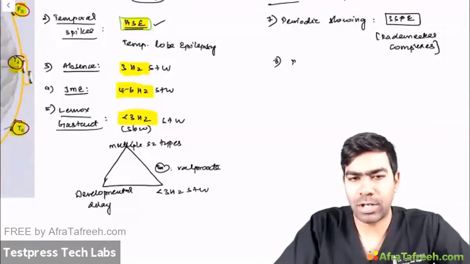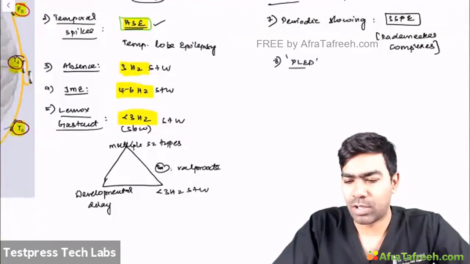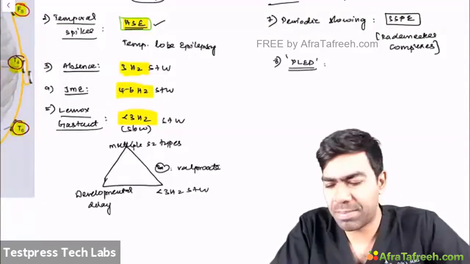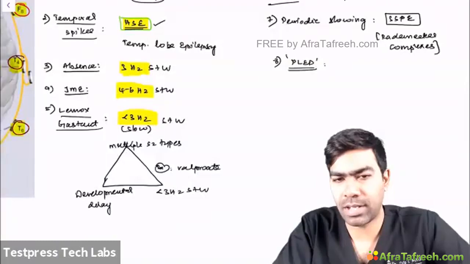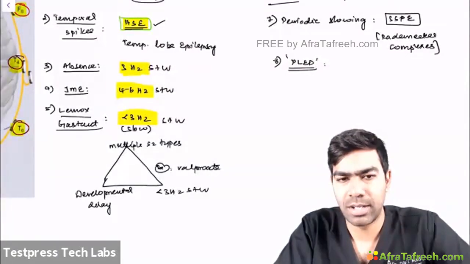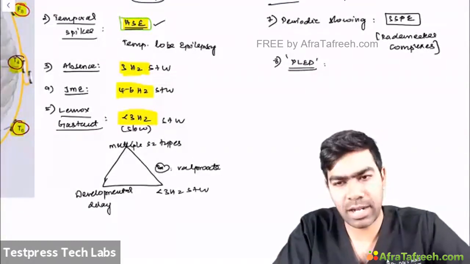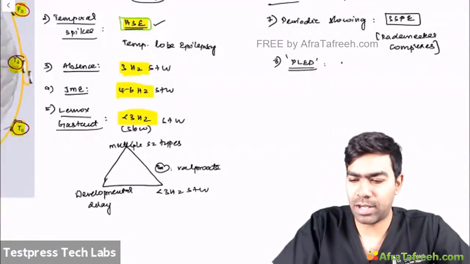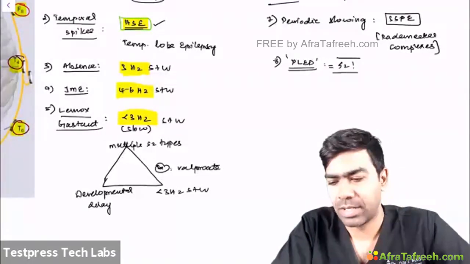And there is something called a PLED pattern. That's called periodic lateralized epileptiform discharges. You have unilateral PLEDs, you have bilateral PLEDs. So no matter what, PLED is equal to seizure always. It's very specific for seizure.